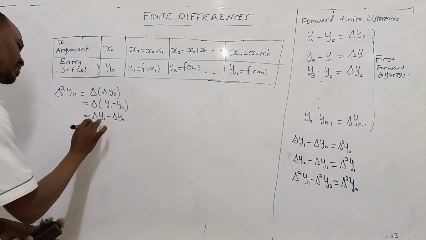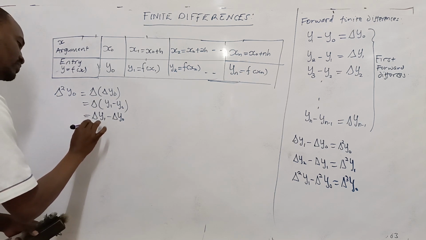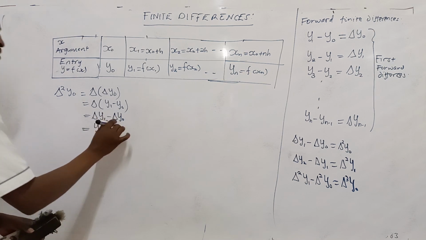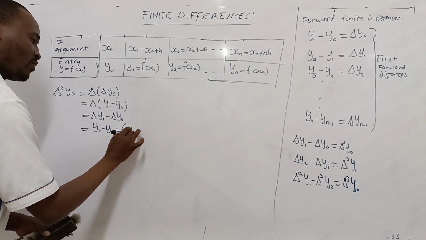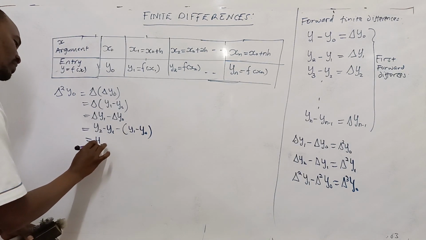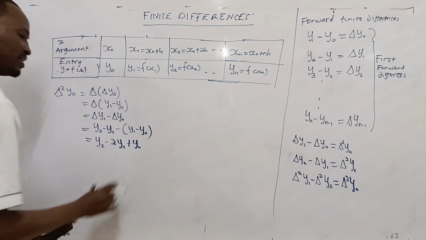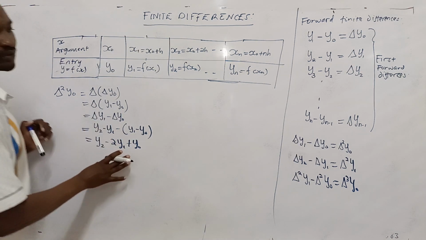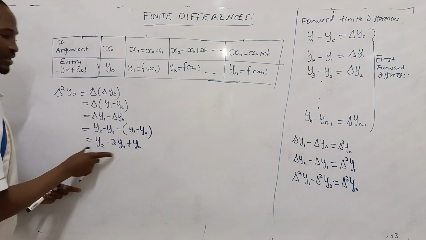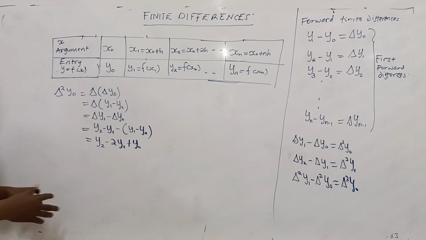The first forward difference of y1 is y2 minus y1, minus this one, y1 minus y0. We now get y2 minus 2y1 plus y0, and so on. Though this will not be very relevant to our lesson, you can go and expand further using the functional values, that is y1, y2, y0, and so on.